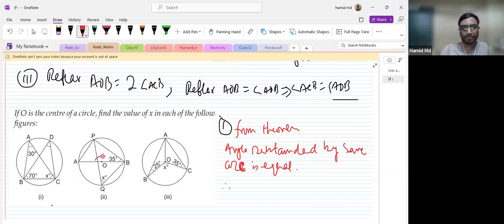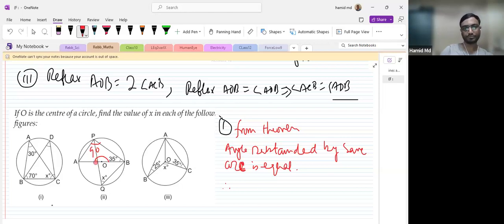See, this is 180 degrees, so this will be 90 degrees, right? How 90 degrees? Now what did we learn in the theorem? Angle AOB equals half of angle, right?